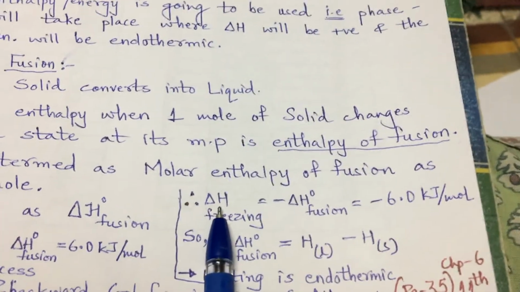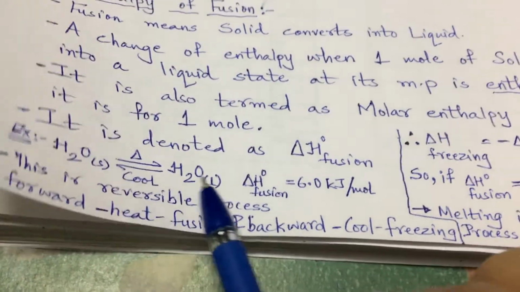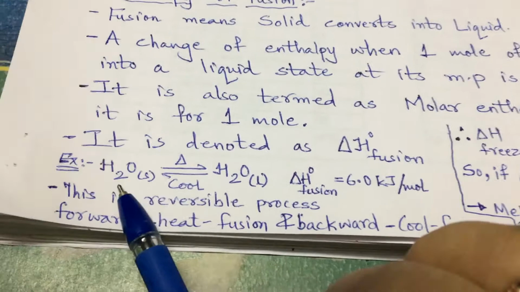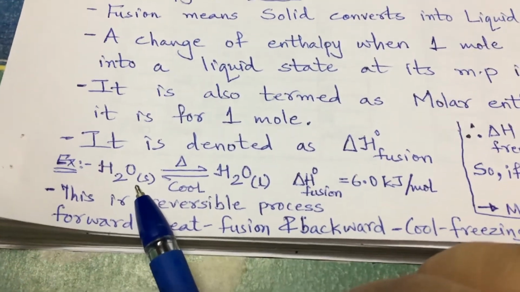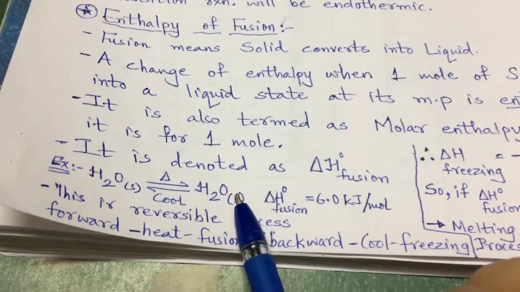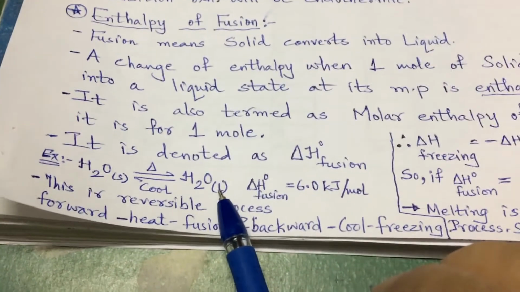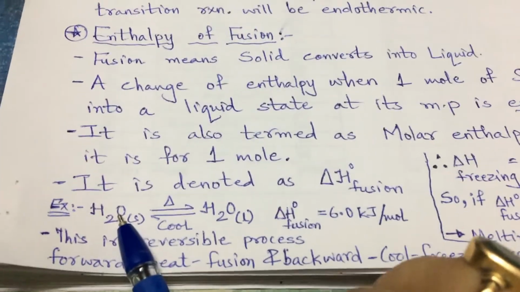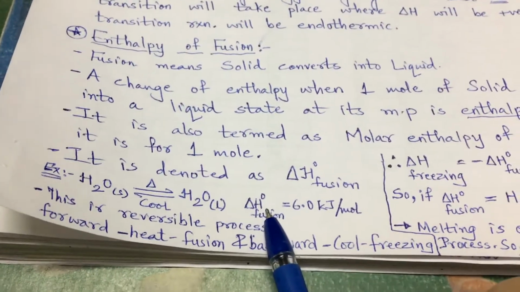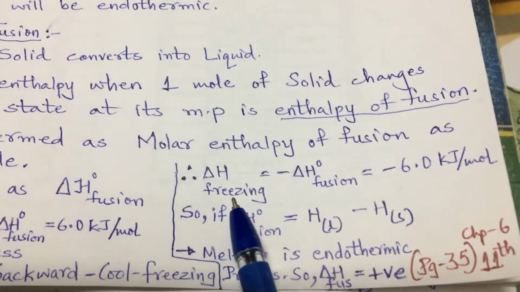So what happens in the backward portion? Liquid when cooled gets solid, that means it freezes. Freezing is the opposite of fusion. Fusion converts solid to liquid, and freezing converts liquid to solid. So the opposite of fusion will be the enthalpy of freezing. What is the enthalpy of freezing?